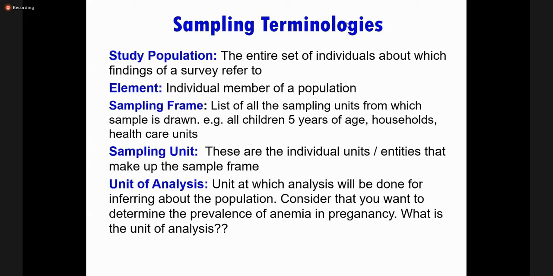But in many studies, the sampling unit may be the person, but it may also be the household or the health facility. Suppose you are doing a survey and you want to understand something about health facilities, such as the percentage of healthcare facilities following proper infection control practices in Karachi.